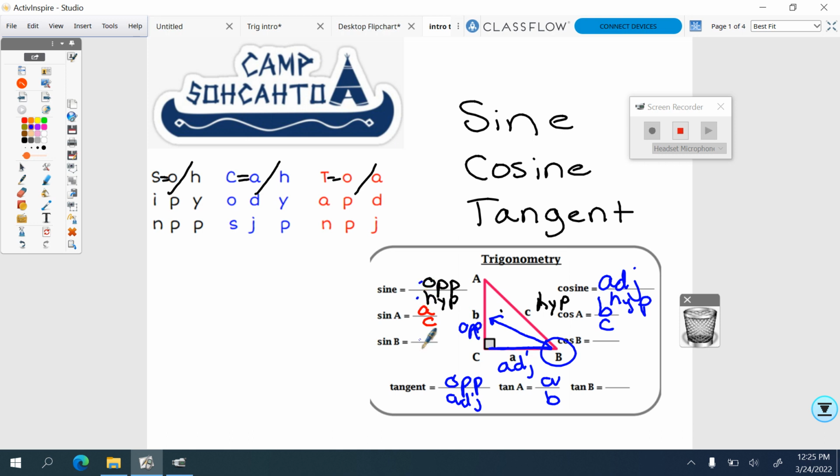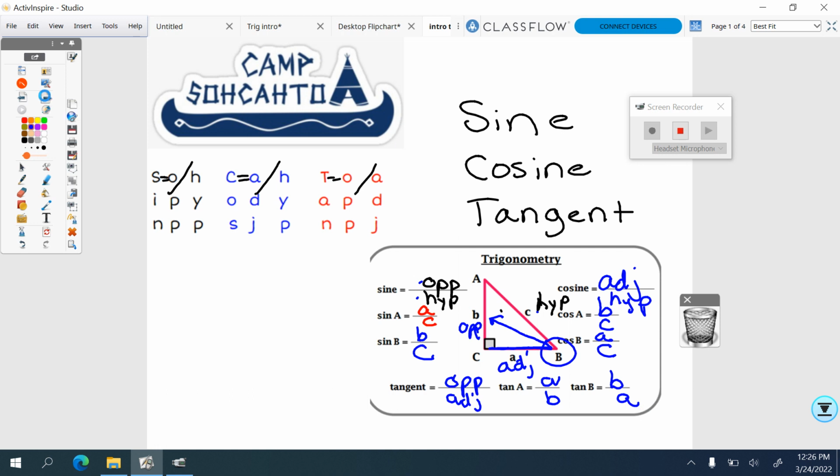So my opposite is B and my hypotenuse is C. And then when I do cosine, I'm going to do adjacent, which is A, over the hypotenuse, which is C. For tangent of B, my opposite is B and my adjacent is A. Okay? So the key to this is label, label, label. Start with your hypotenuse, and then your opposite and your adjacent, just like the legs, can change based on what angle you're talking about. All right, let's move forward.